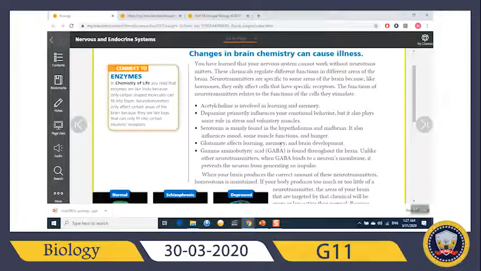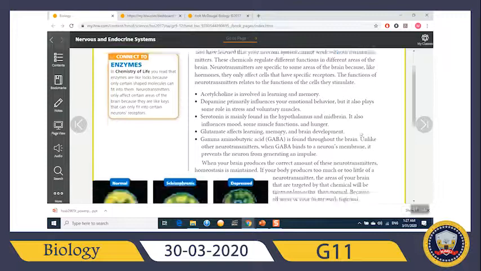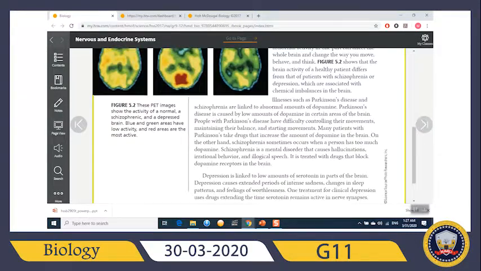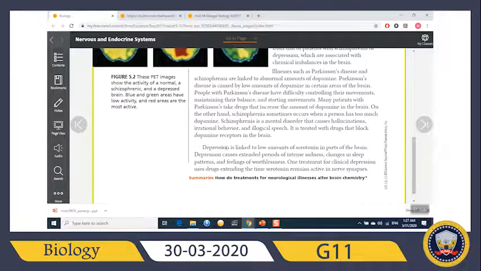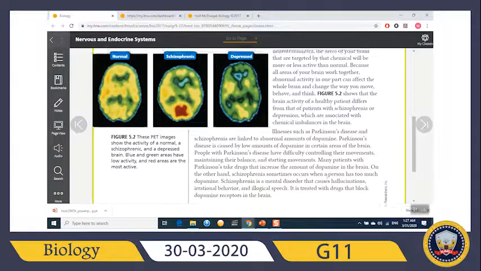If I measure your serotonin level, I'll find it higher. The same thing with depression: very low amount of serotonin. So the patient will be treated with serotonin drugs, which will increase the serotonin level and enhance the mood of the patient.